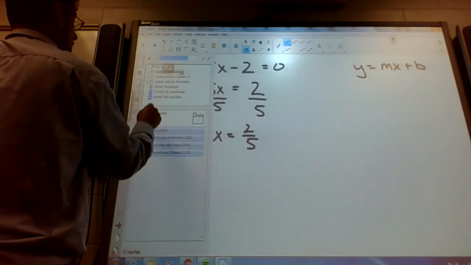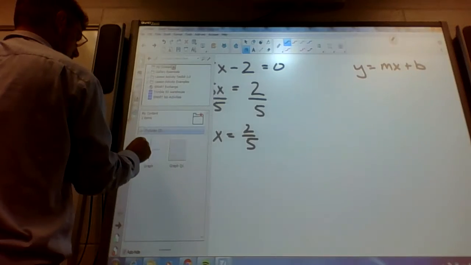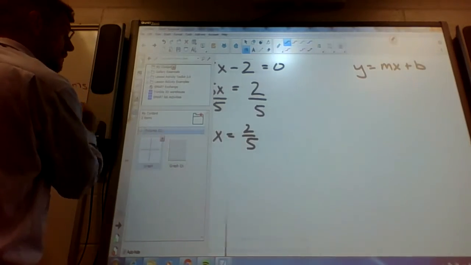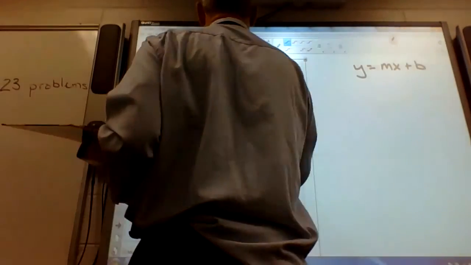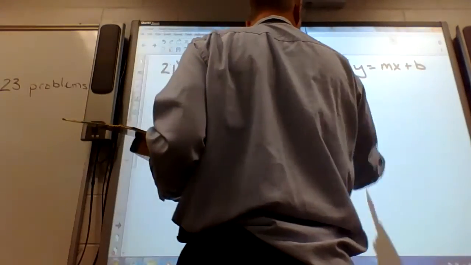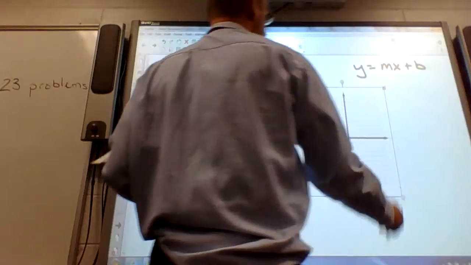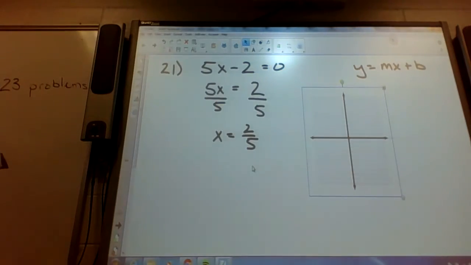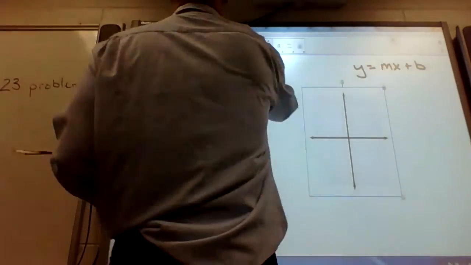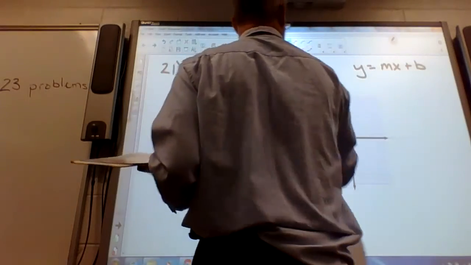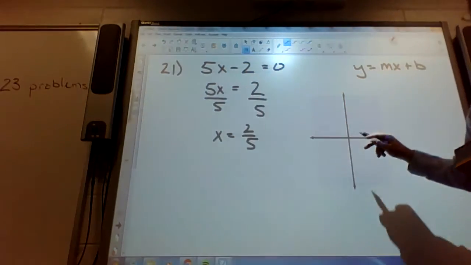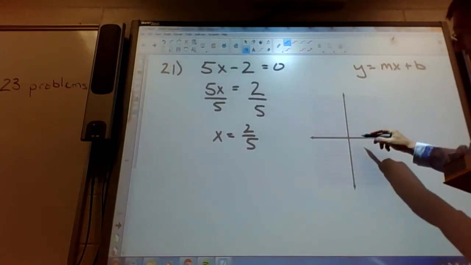I'll move that down there. How you like that? How you like them apples? All right, so I'm going to divide each grid into fifths.